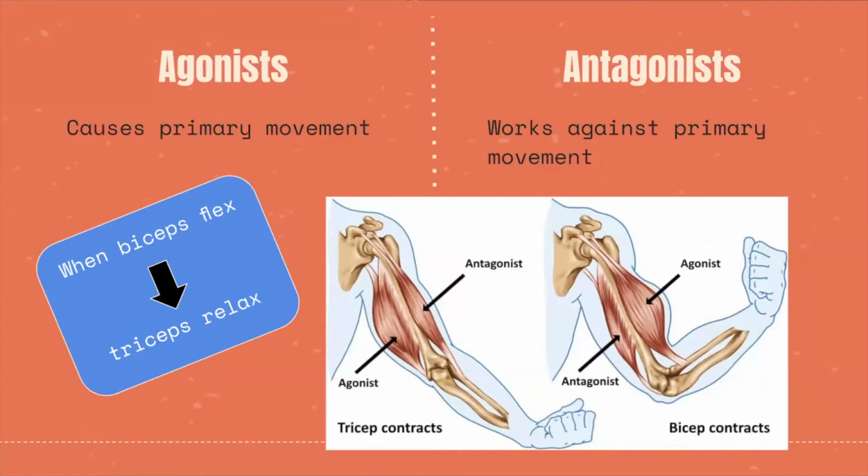An example of this would be when biceps flex, when they contract, our triceps relax. So in this case, what would be the agonist? What would be the agonist in the example of the biceps and triceps?